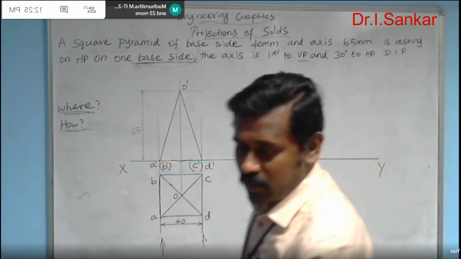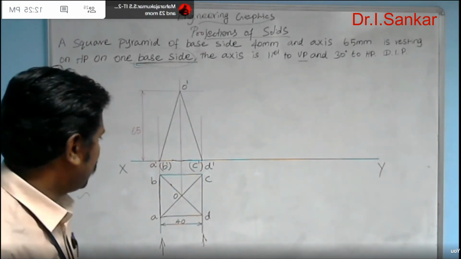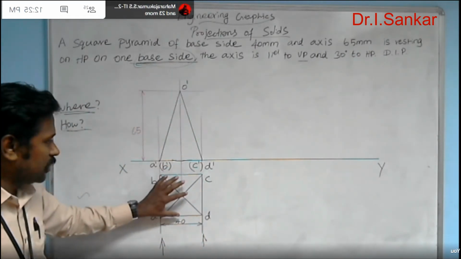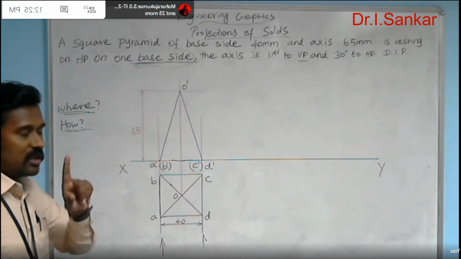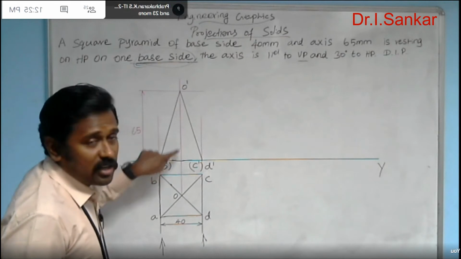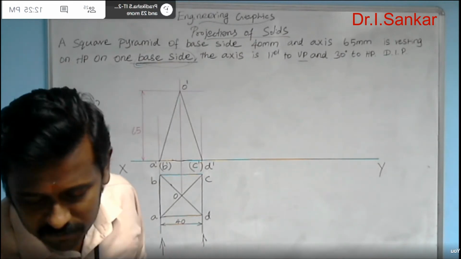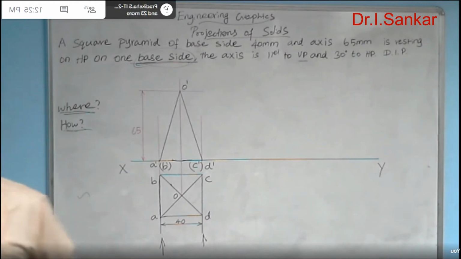Okay, this is nothing but the simple front view and simple top view of the given solid. I just draw the simple top view and simple front view, and here you need to note one thing: the axis can be drawn in this question. You need to draw the axis also. The format for drawing the axis I have already told you.